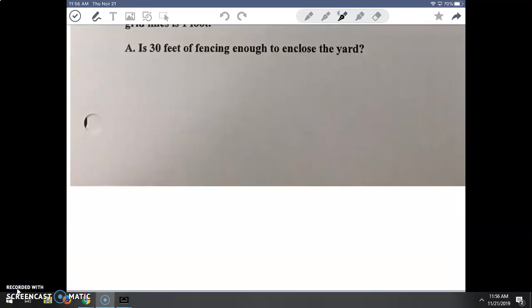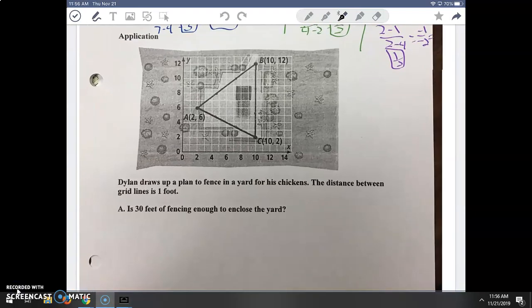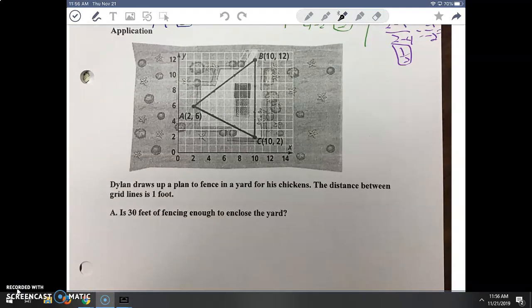All right, so this one's saying that Dylan is going to put up a yard, to enclose his yard for some chickens. So it's basically asking, he has 30 feet of fencing. Is that going to be enough to enclose the yard? Well, what it's basically asking is, if 30 feet, will that be enough for this? Well, the only way we can really figure that out is we've got to know what the perimeter is.